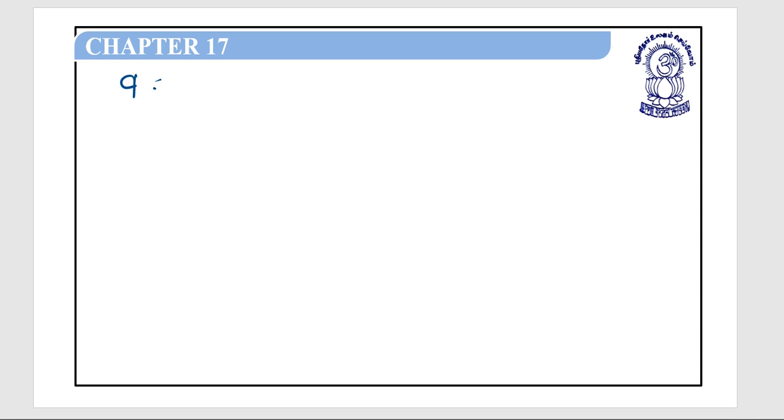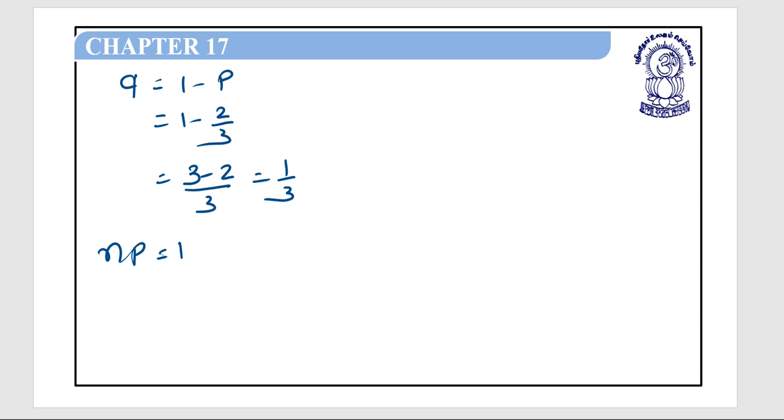Now we can find q from this: 1 minus p, 1 minus 2 by 3. 3 ones are 3 minus 2 by 3 is equal to 1 by 3. np is equal to 10 by 3, and p is 2 by 3, so n times 2 by 3 is equal to 10 by 3. 3 3 cancels.